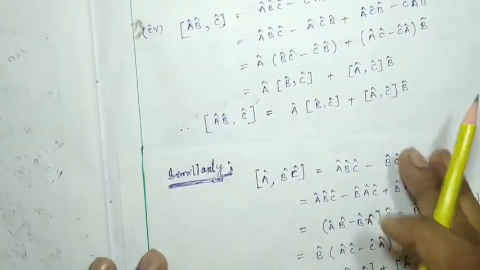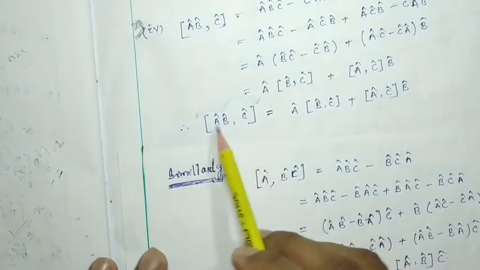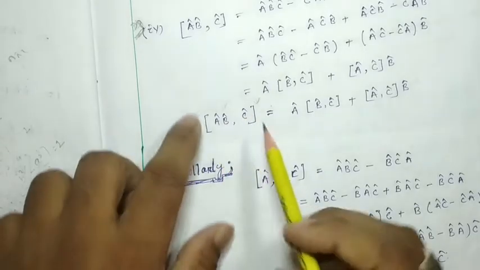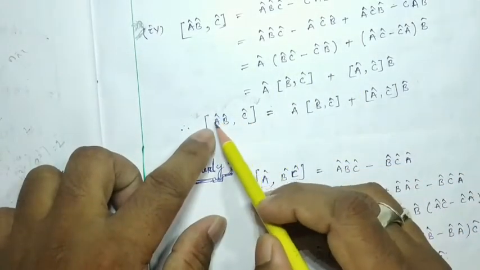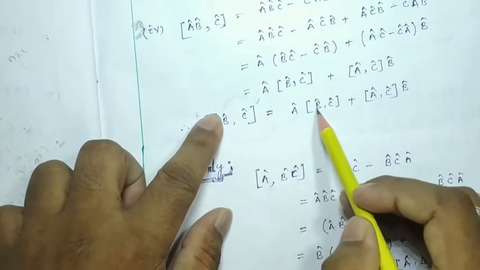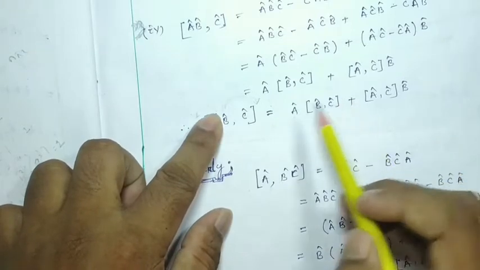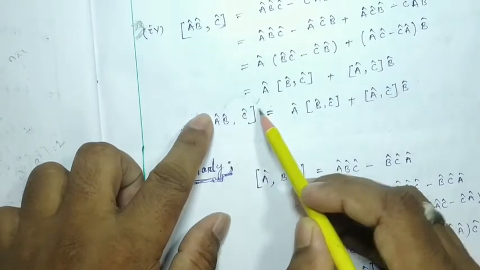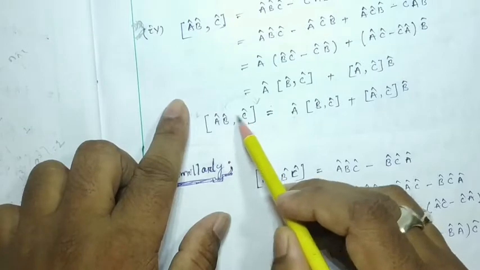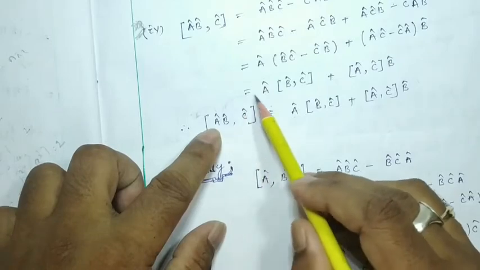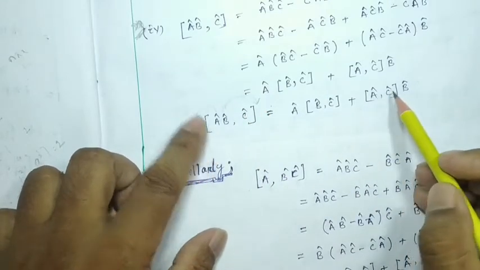Another important thing we discussed last class: the commutator of A cap B cap with C cap can be written as A cap, with B cap moved to this side, the rest as such, that is A cap [B cap, C cap], plus B cap moved this side and the rest operators as such, that is [A cap, C cap] B cap.